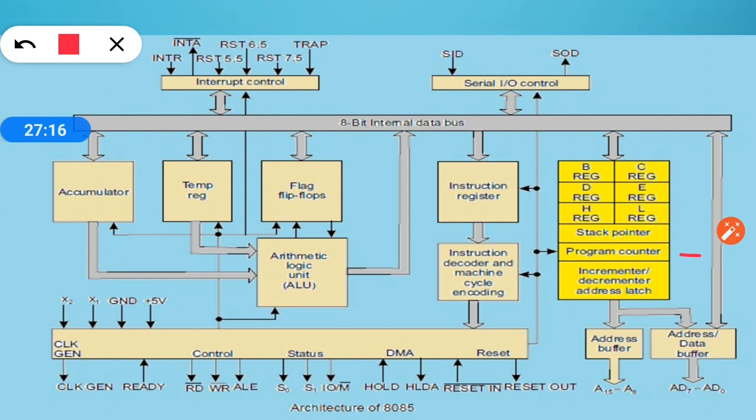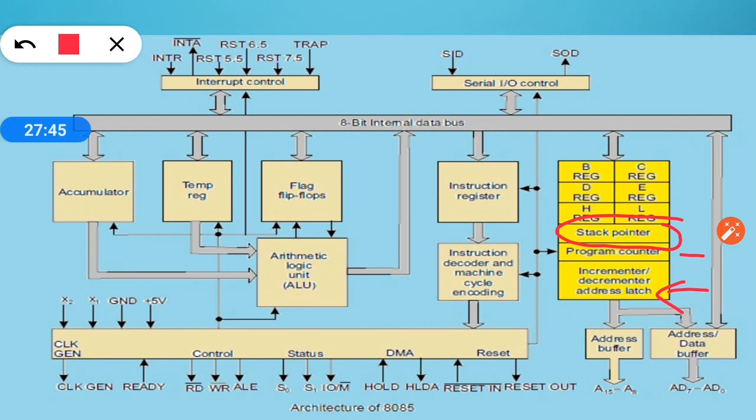Now the remaining one here is the stack pointer, but I am not going to explain it in detail because we are having a practical on basic programming of the 8085 microprocessor. I have explained what is required, because otherwise the video will be too long and it will be difficult to recall all the things, right? Then the remaining is the incrementer and decrementer address latch.